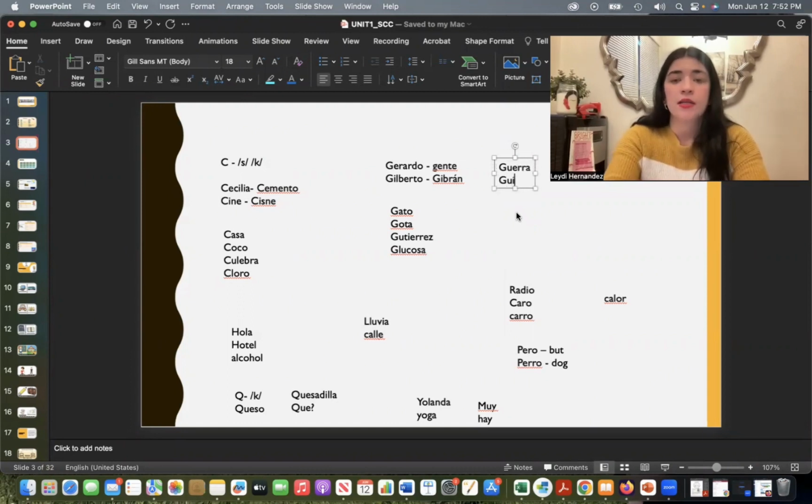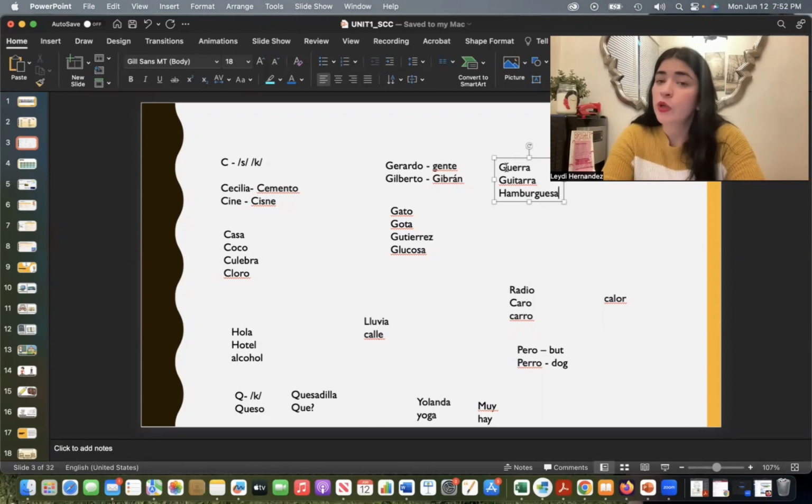Or G, U, I, it's gui, guitarra. Or hamburguesa. We don't pronounce the U. If it is this combination, we're going to ignore the sound of the U and we're going to have a strong sound for the next vowel. So it will be guerra, guitarra, hamburguesa.